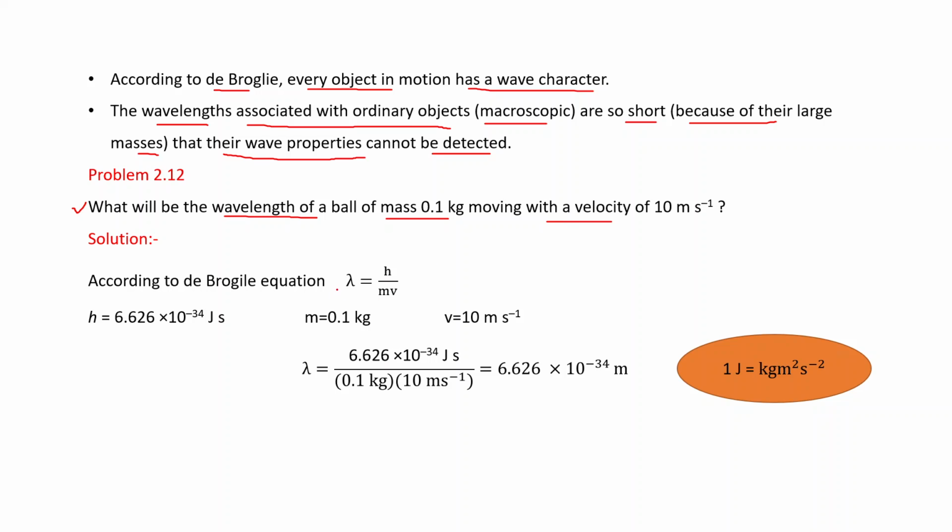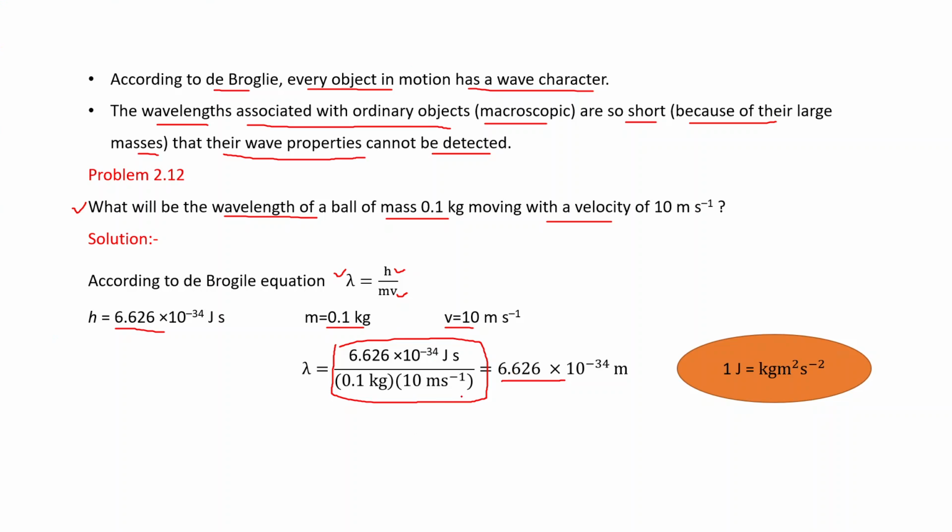According to de Broglie equation, lambda is equal to h by mv, where h is Planck constant, m is the mass, v is the velocity. Put all these values in the formula and solve it. We will get this 6.626 into 10 to the power minus 34 meter.